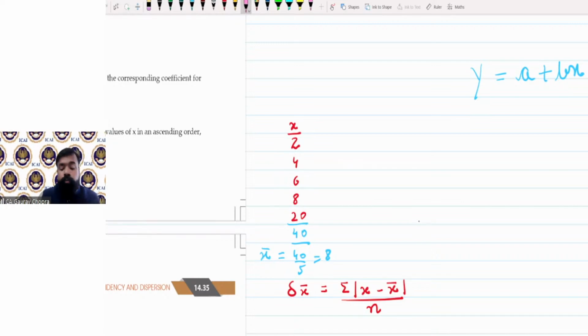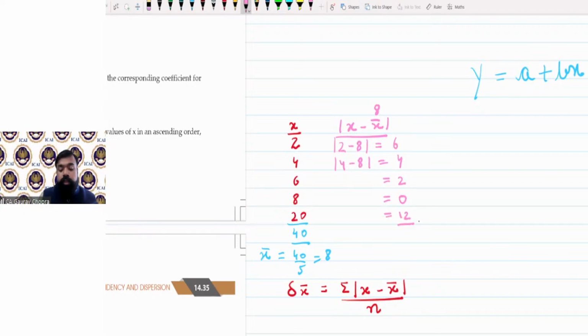Now what we have to do? Calculate mod x minus x bar. So we have to take deviation from 8 and then use the modulus sign. So 2 minus 8 is minus 6, but we write 6 because it is modulus. Then 4 minus 8 will be 4, 6 minus 8 will be 2, 8 minus 8 will be 0, and 20 minus 8 will be 12.